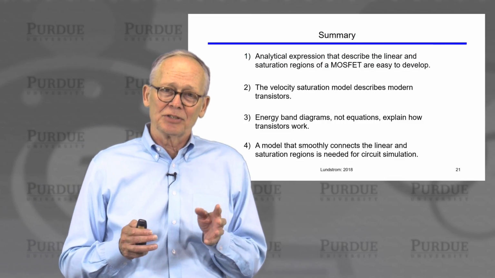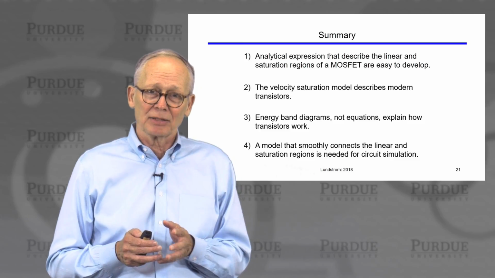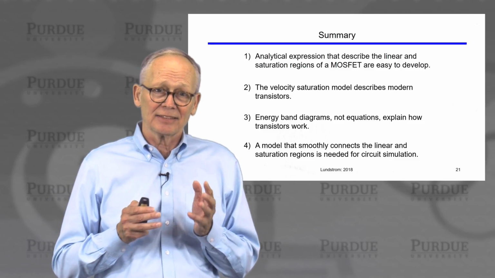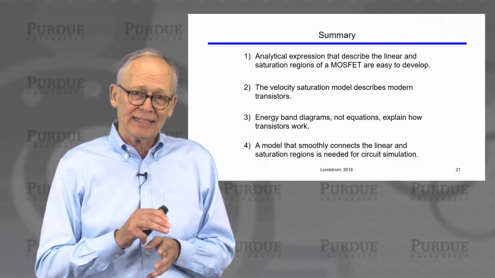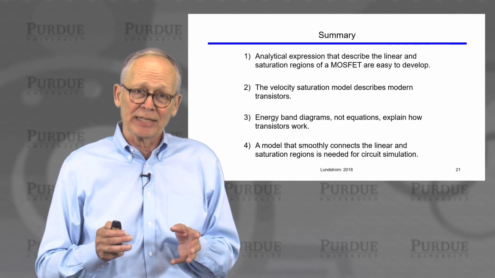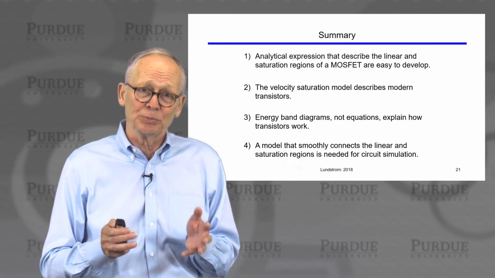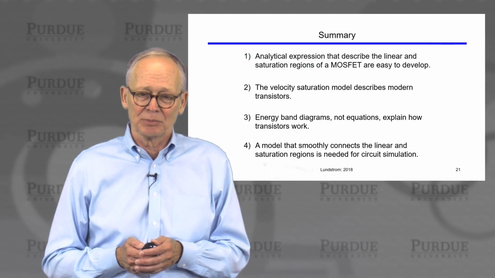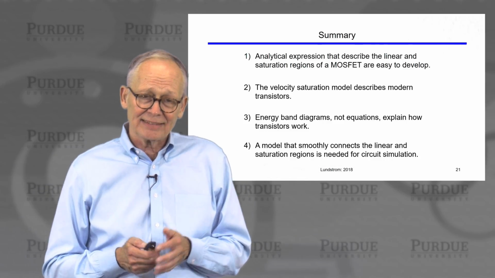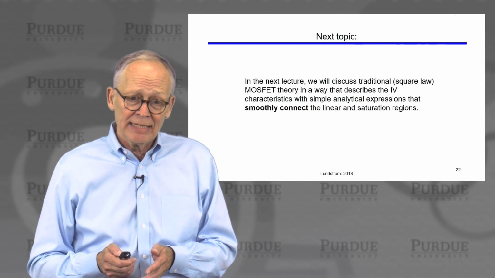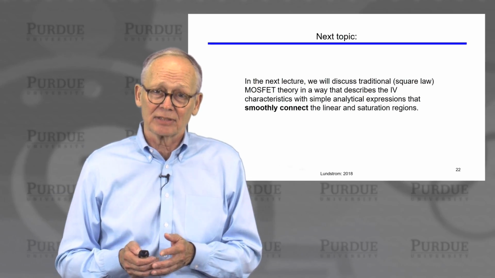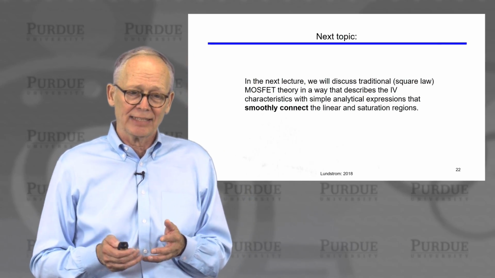Now, in order to use a compact model for circuit simulation, it has to smoothly describe the IV characteristic at any drain to source voltage. We can't use these piecewise linear models. So that's something that we're going to need to take care of. And in fact, the next topic of discussion will show an example of how that can be done.